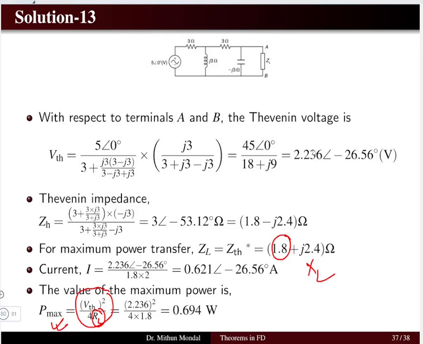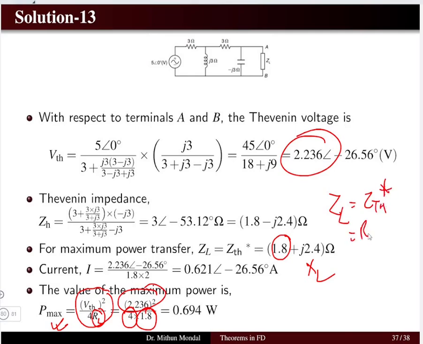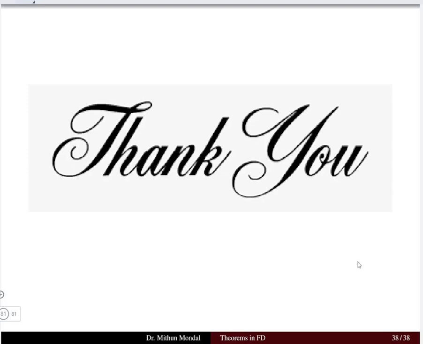So we put only the magnitude, 2.236 squared, divided by 4 times the load resistor, which comes from the concept ZL equal to Z Thevenin conjugate. This can be written as R plus jX, and the real part we take as the load resistor. So this completes all the theorems under the frequency domain problems.